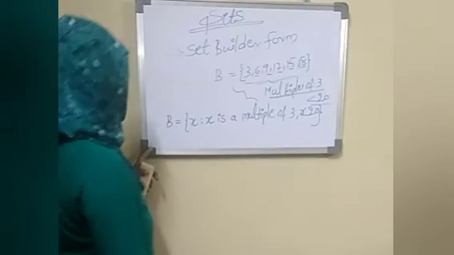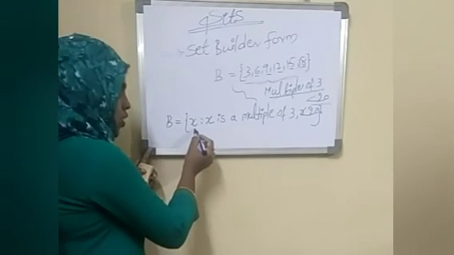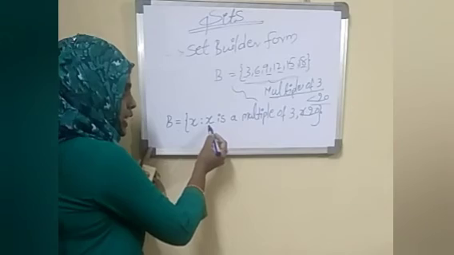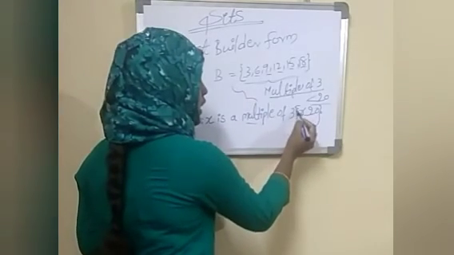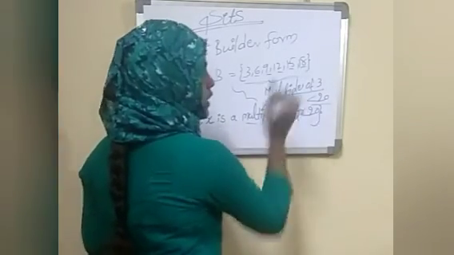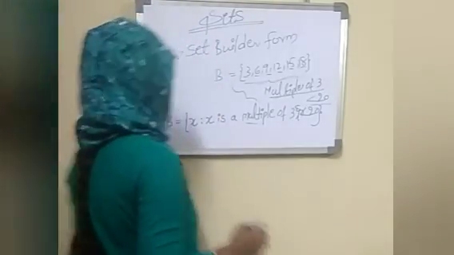B is equal to the set of all x such that x is a multiple of 3 and less than 20. Here how we are pronouncing, look at this.